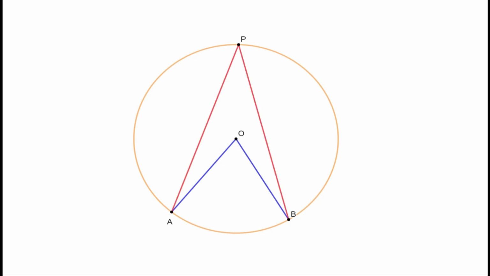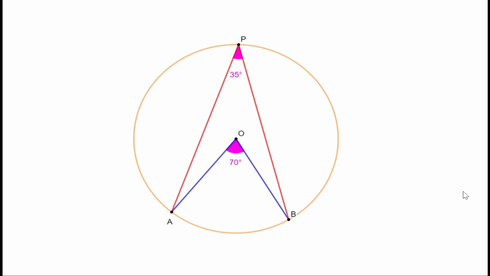Join A to P and B to P. So angle APB is the angle made by the small arc AB, and angle AOB is the central angle of arc AB. Now the measurement of central angle is 70 degree here, and measurement of angle made by the arc is 35 degree. See, this angle is half of this angle.